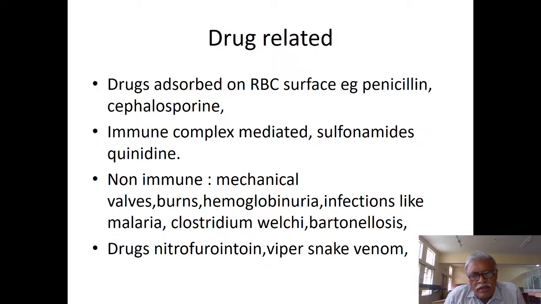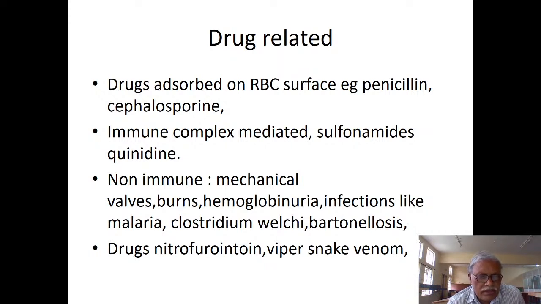to hemoglobinuria and bilirubinemia. Serious infections like Clostridium welchii infection and Bartonellosis can also result in a non-immune type of hemoglobinuria and hemolytic anemia.